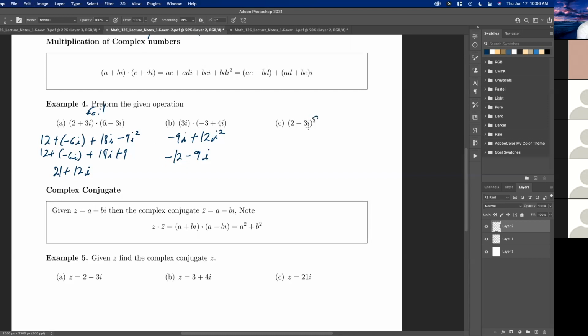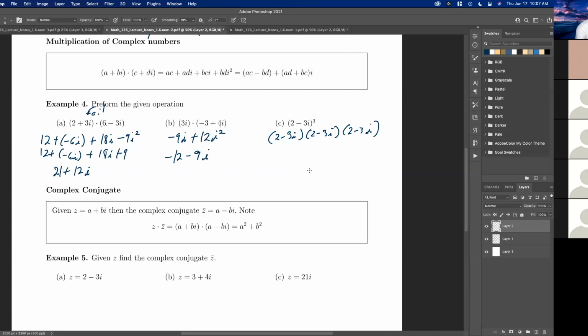All right, so what happens when we have something cubed? Well, we do what we did if we cubed a binomial, right? We just write 2 minus 3i times 2 minus 3i times 2 minus 3i.